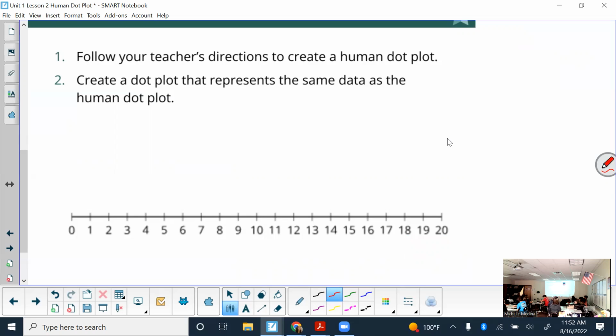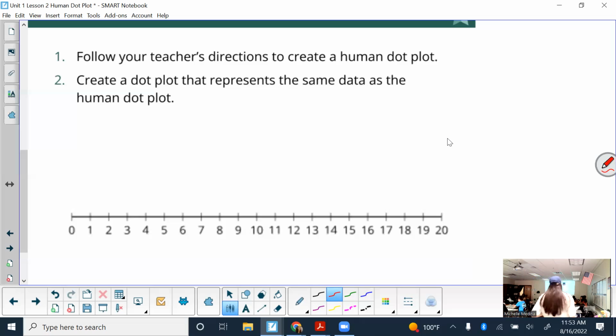It could be the shoe sizes again, or I have a few options for you. It could be how many pets are in your household, how many siblings you have, or how many articles of clothing you have on right now. I feel like that one would be fun for Tacky Tourist Day. How many days could you go without talking?